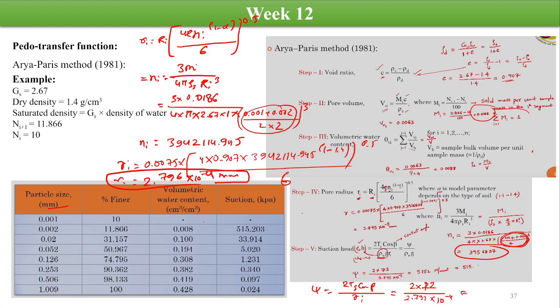So based on this we can calculate 2.72 upon 2.795 and something like this we will get 5.152 Newton per mm square.